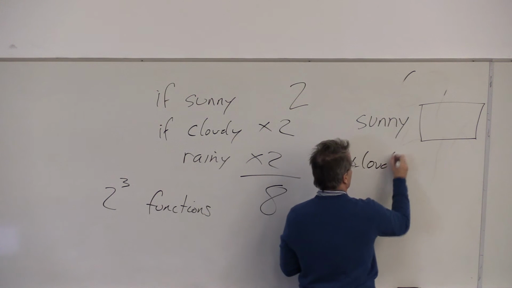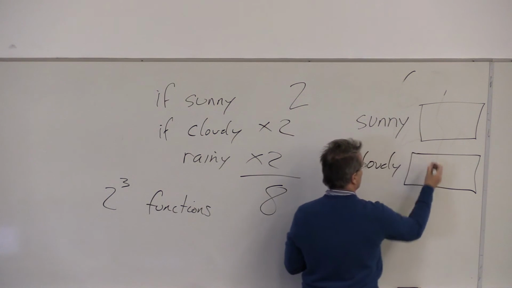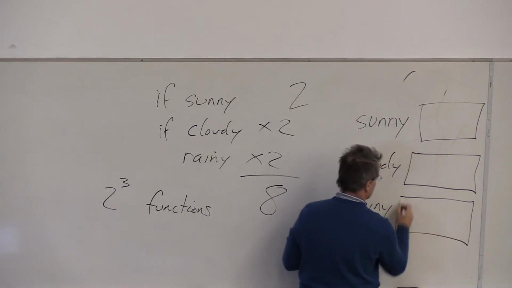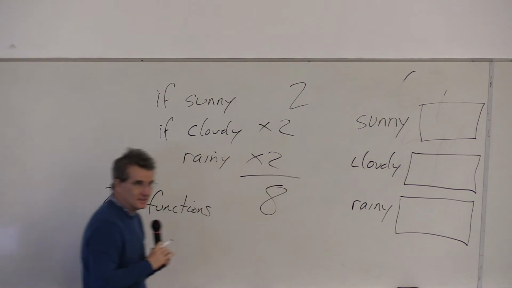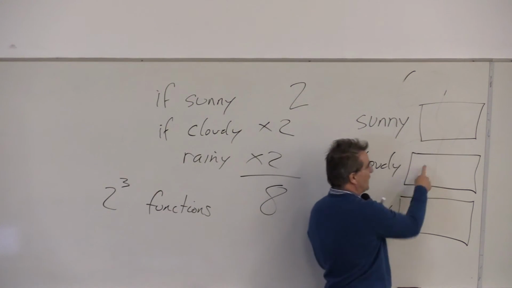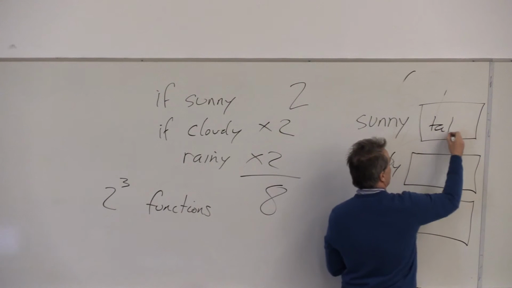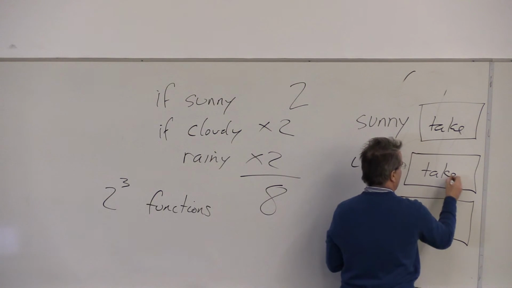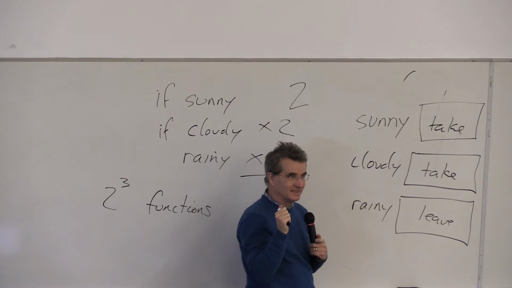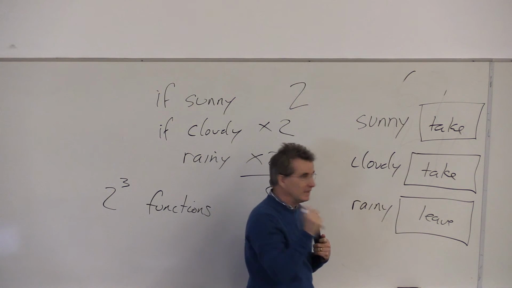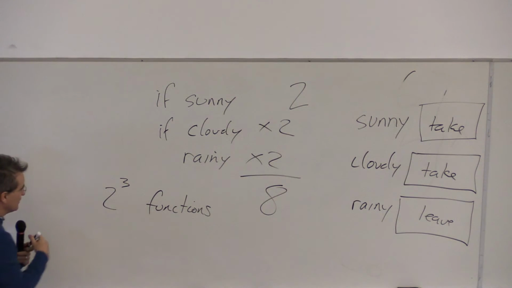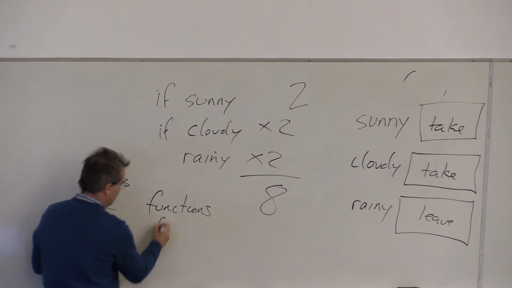Cloudy, I can fill in this box with take or leave, and rainy, I can fill in this box with take or leave. So if I want to take it if it's sunny or cloudy, then I put take here, and leave here. This says I take it if it's sunny or cloudy, right? And I get 2 choices here, 2 choices here, and 2 choices here. It's useful to know that there are 2 to the cube functions from 3 elements into 2 elements.